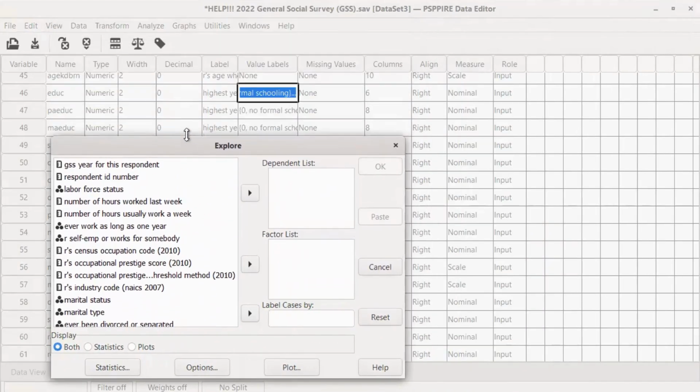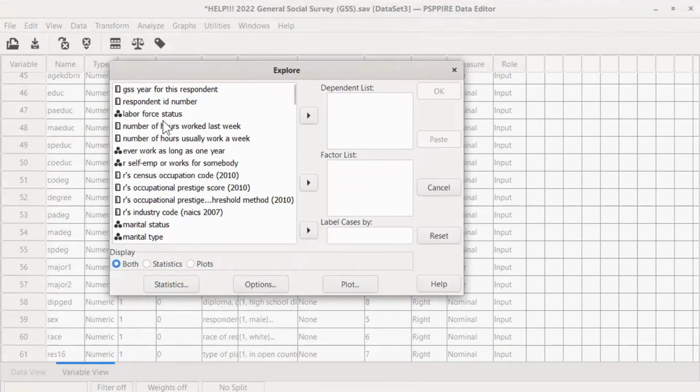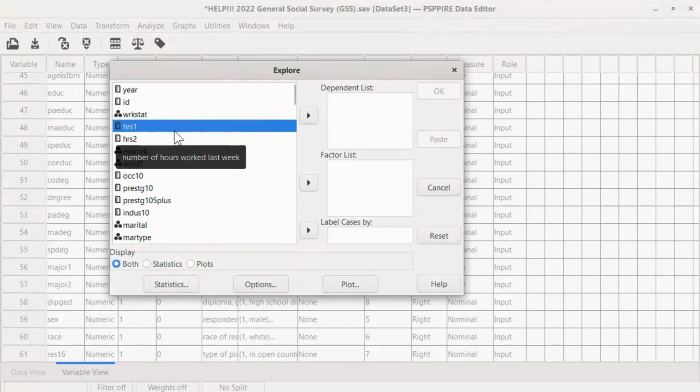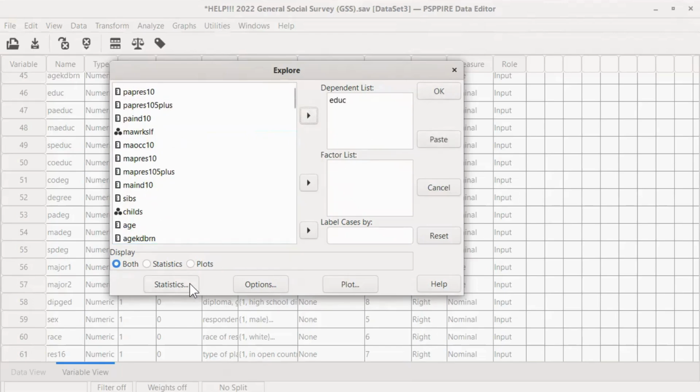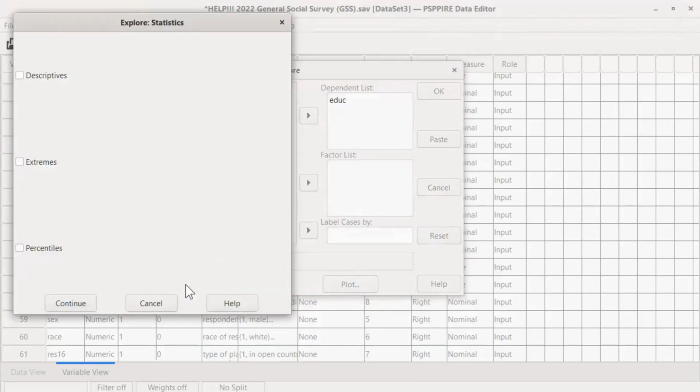Explore is a great place to get some really good statistics. So what we're going to do here is find the variable educ and put it into the dependent list. Now come here to statistics and click on descriptives.